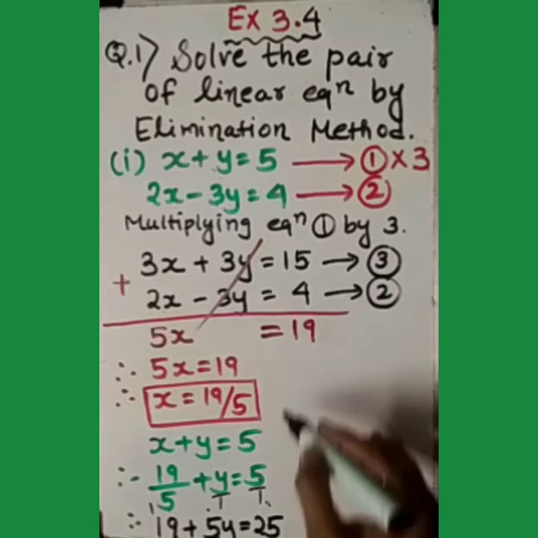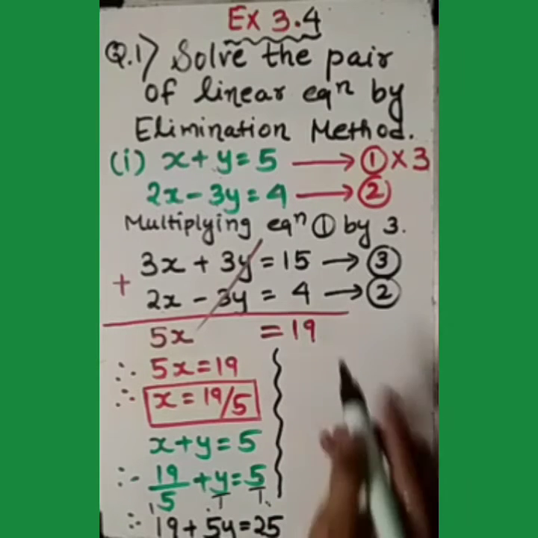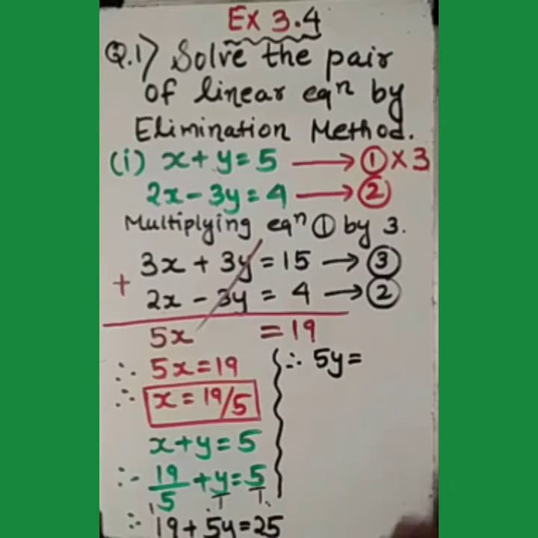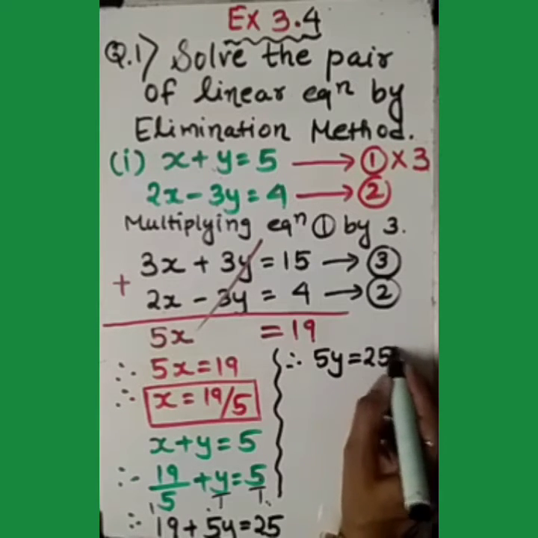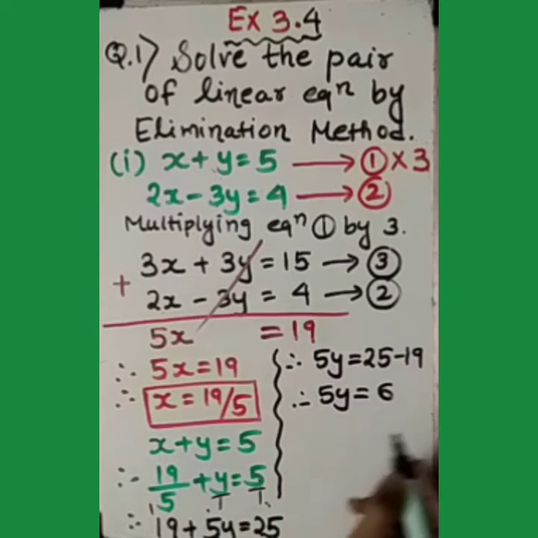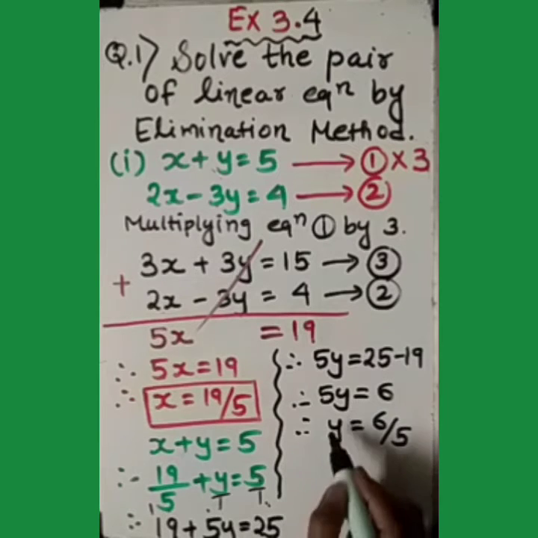Clear? Therefore, next step, 5y equal to, the sign is compulsory, 25 minus 19. We know that 25 minus 19 gives the result 6. Therefore, y equal to 6 by 5.